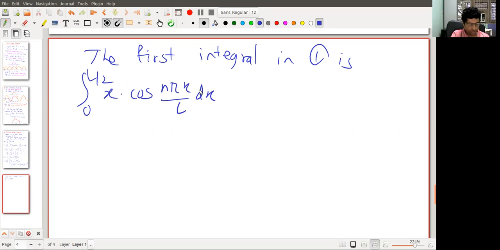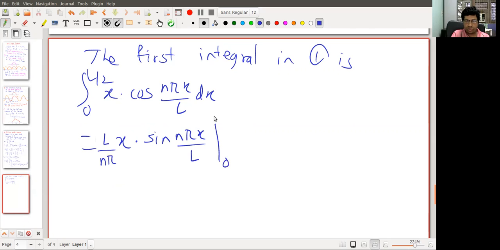dx. Okay. So the first term is x into the integral of the second, cos, which is sine n pi x by L divided by n pi by L. So it is the same as L divided by n pi.